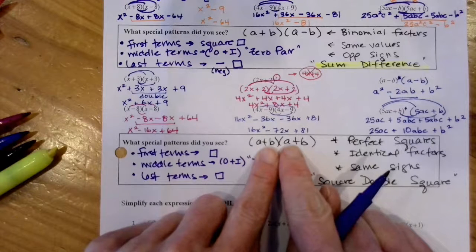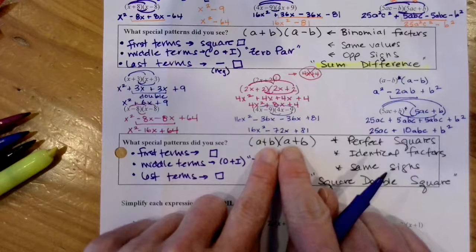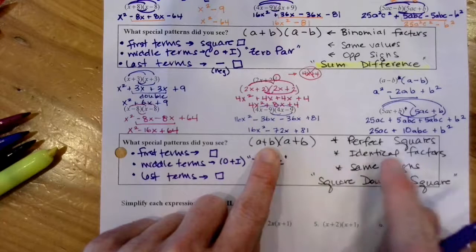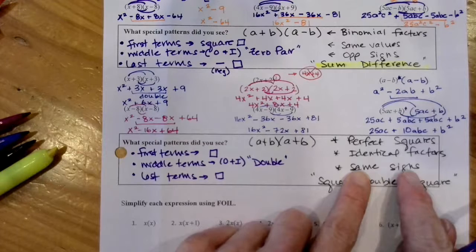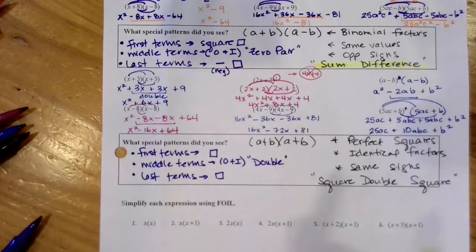What that ends up giving me is a perfect square. I have identical factors, they have the same signs, and my result winds up being a square double square, which gives me a square double square pattern as an answer.